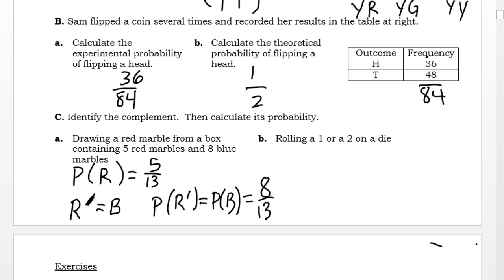Letter B, rolling a 1 or 2 on a die. The probability of rolling a 1 or a 2 is 2 sides out of the 6-sided die. So the complement is not 1 or 2. I think that's not grammatically correct.